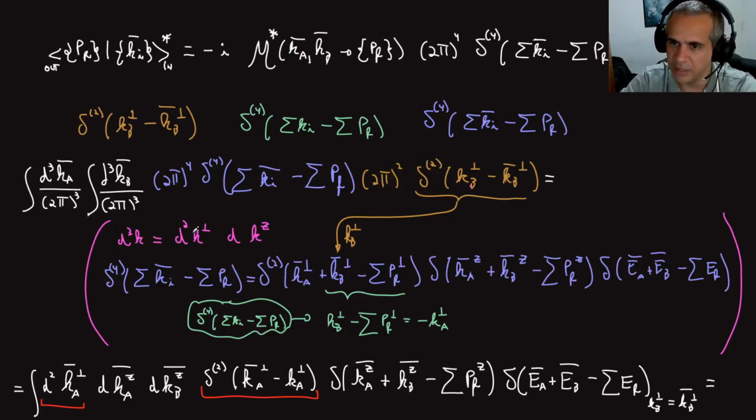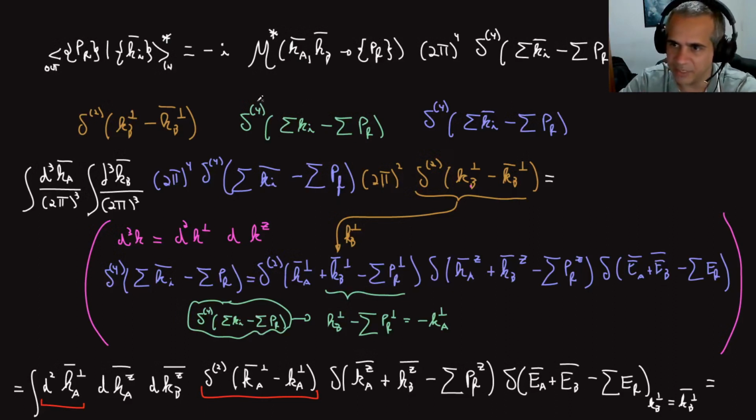and I do the integral in d Kb perpendicular. Right, that implies on the blue Dirac delta here that I can, of course, separate into also the perpendicular part, the longitudinal z direction, and energy, because this was a 4-momentum. And when I do this integral, I can remove the bar from Kb perpendicular. So this is just now an expression without the bars.